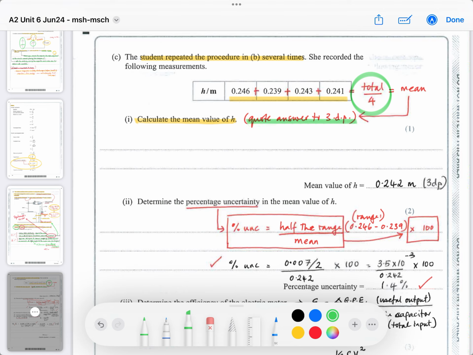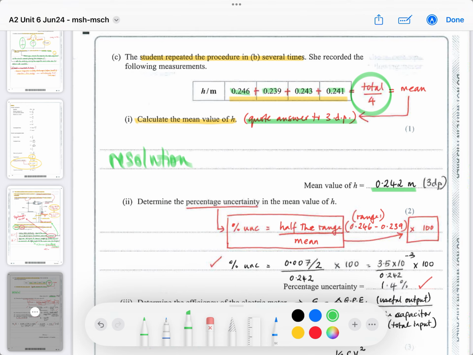Why 3 decimal places? Because all the data is given to 3 decimal places, which is the nearest millimeter. The precision of your instrument is to the nearest millimeter. The resolution of a ruler is 1 millimeter. So you need to know things like resolution.